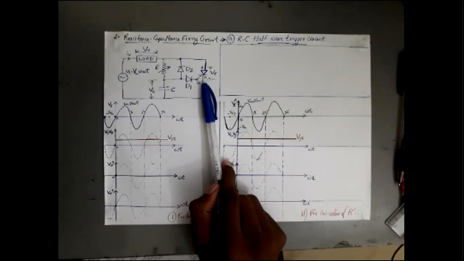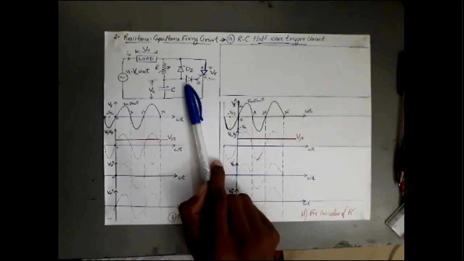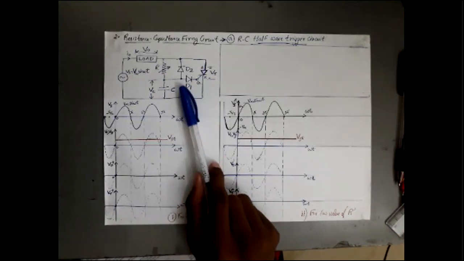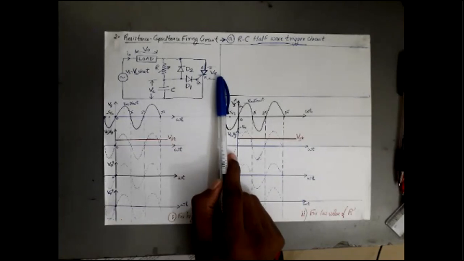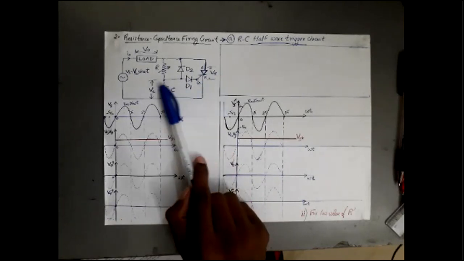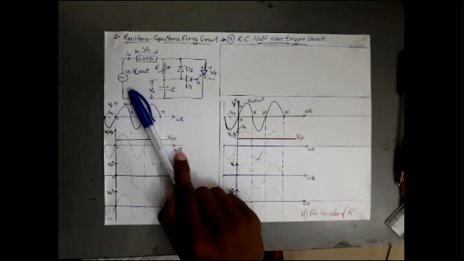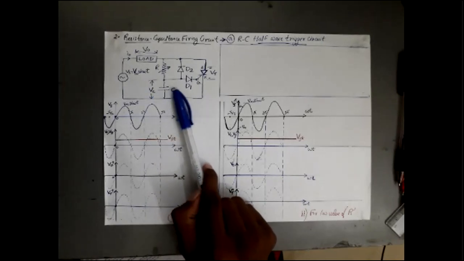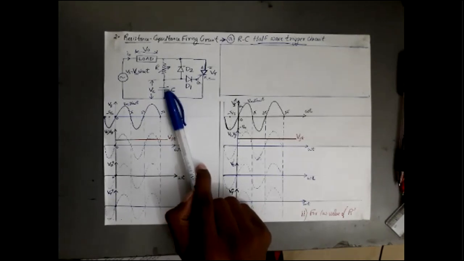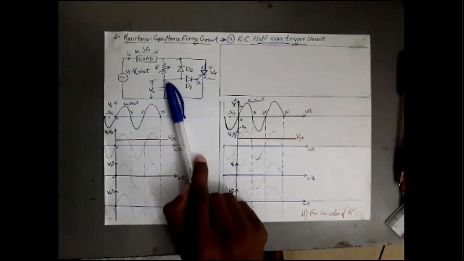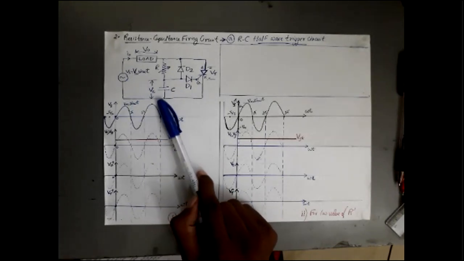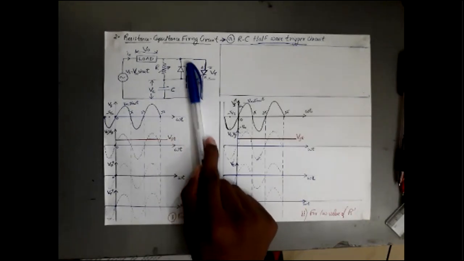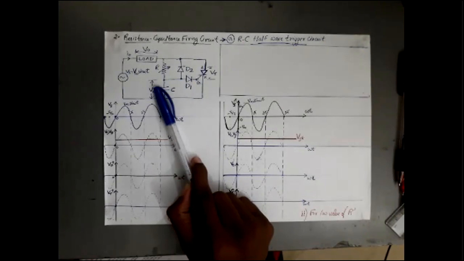Now, consider the case of the negative half cycle. During the negative half cycle, my thyristor will be in the off state, that is, reverse blocking mode. And during the negative half cycle, this capacitor's lower plate becomes positive and the upper plate becomes negative, and the circuit is completed through diode D2.